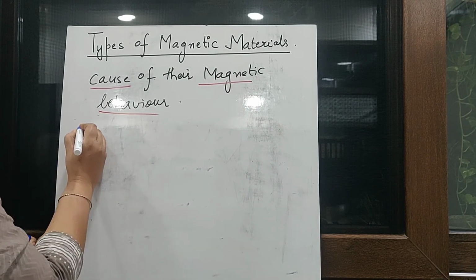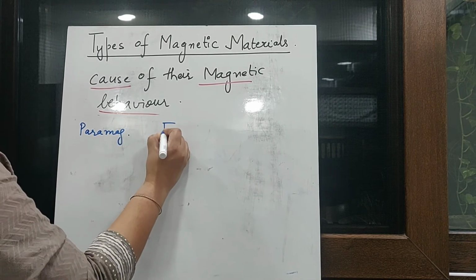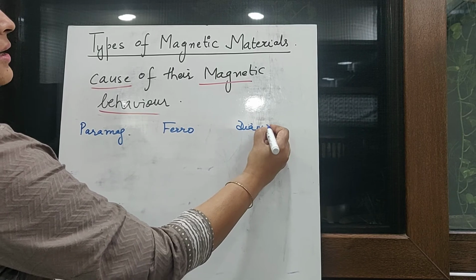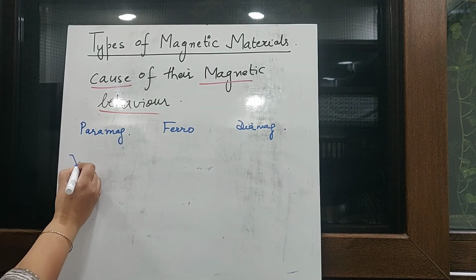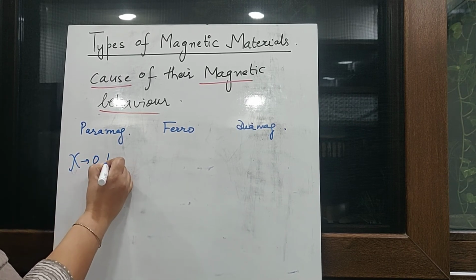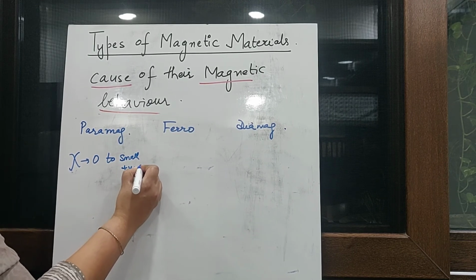So you will write down paramagnetic substances, then ferromagnetic substances, then diamagnetic substances. Now for paramagnetic substances, the magnetic susceptibility ranges from 0 to a small positive number.